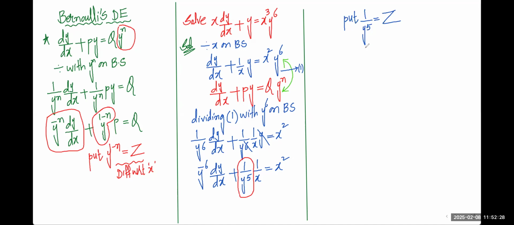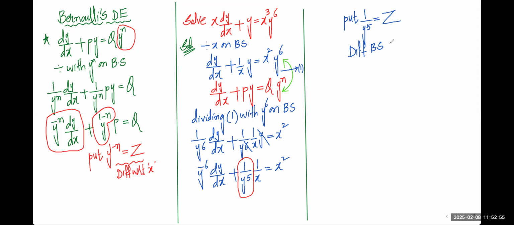Okay, now differentiate. Sir, is it a step to put it as another variable? Yes, yes. Another variable, then only this non-linear will be converted to linear very soon.